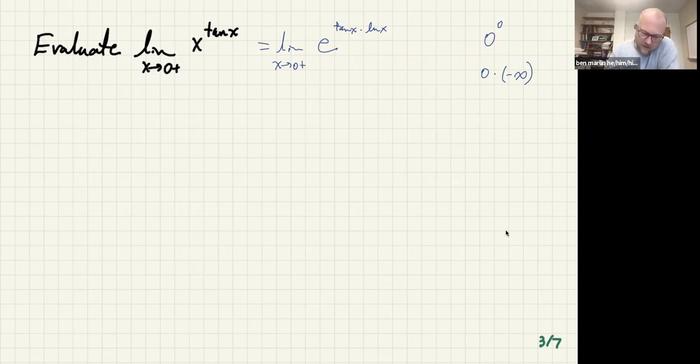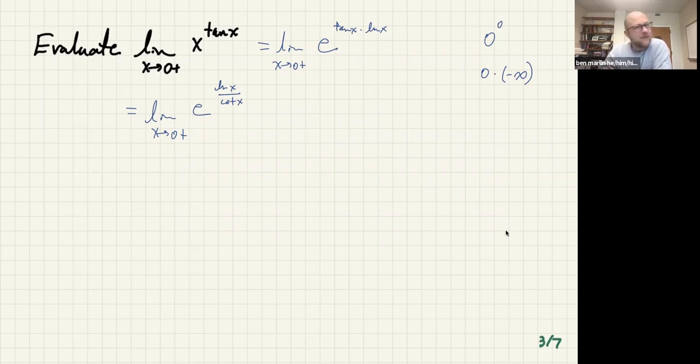We can either do it as e to the log x divided by cotangent x. That would be 1 over tangent, right? Or we could do it with the 1 over log x and having the tangent on top. We should get the same answer either way.